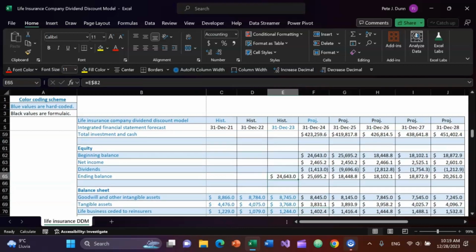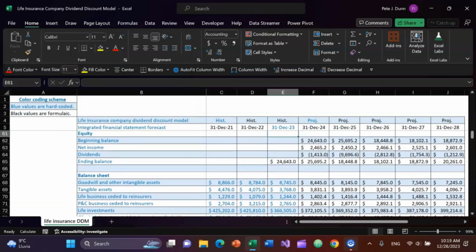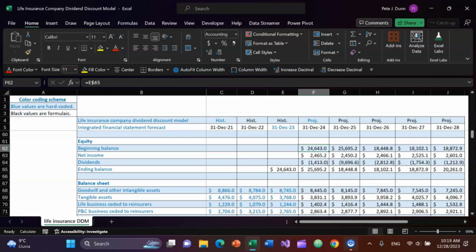Next, we'll forecast equity. So we'll start with the closing number in row 82. F5 enter to get back. Beginning balance is just last year's end. Net income will be referenced from the income statement.